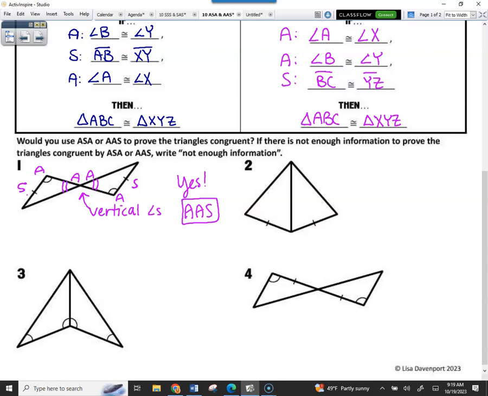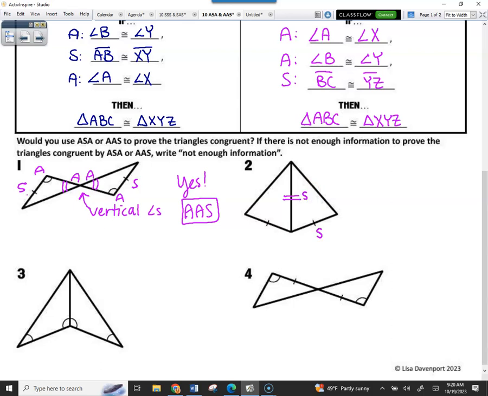Number 2, they're touching. What's not marked? The middle line, the shared side. Now label your picture. So this is a side, nothing, side, nothing, nothing, nothing.